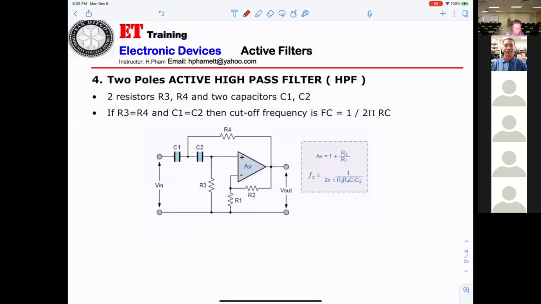Now, you can see this is the circuitry for two-pole. If you're looking at it, we already said two-pole means two capacitors, two resistors. And looking here, you can see C1, C2, and the resistors will be R3, R4. Okay, what op-amp configuration did they build for this filter?